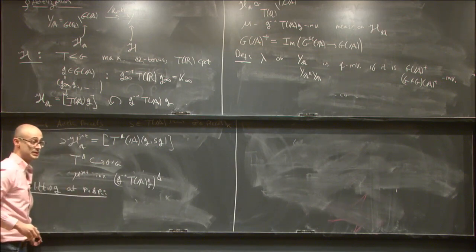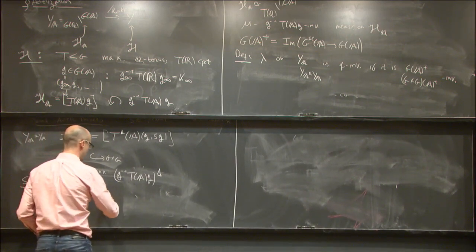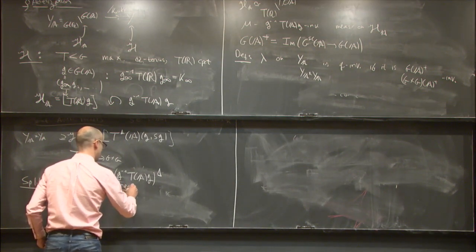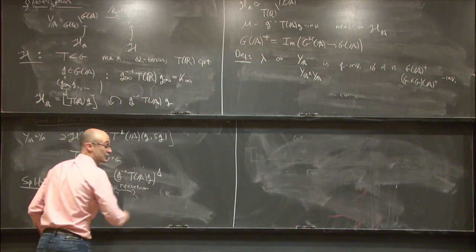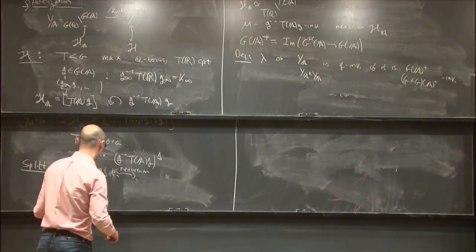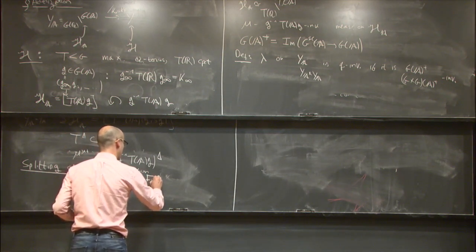You can use this splitting assumption to reduce your question to the following. So there's some reduction here. I mean, like a logical reduction. And what is this logical reduction? You can fix some additional data.